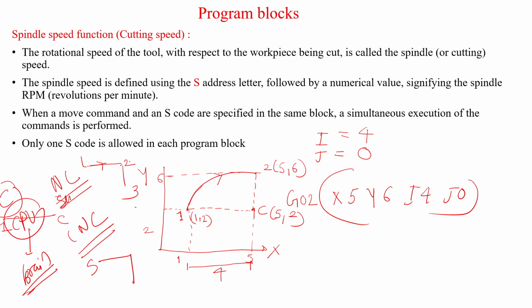It is kind of semi automated process, and this CNC is the automated process. Means in CNC basically you have a computer to control the system, and in NC you need to do the manual intervention. Okay, fine.